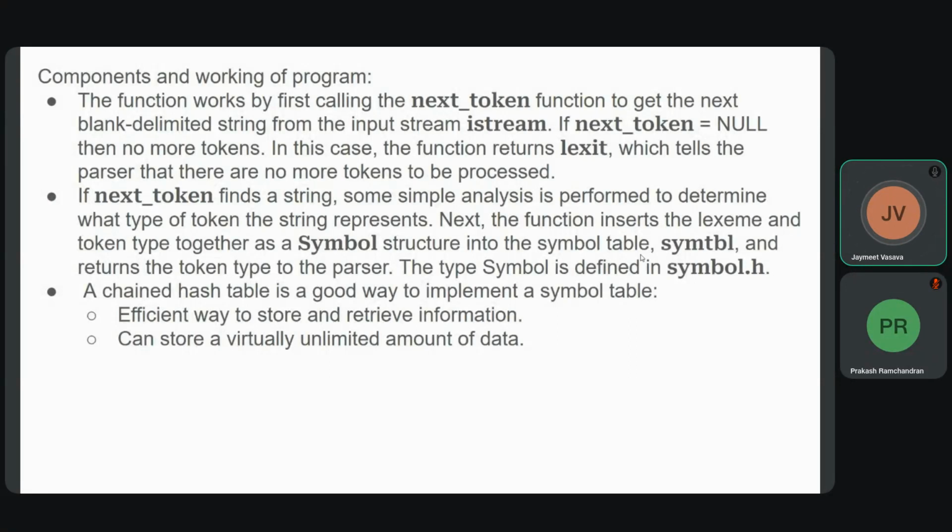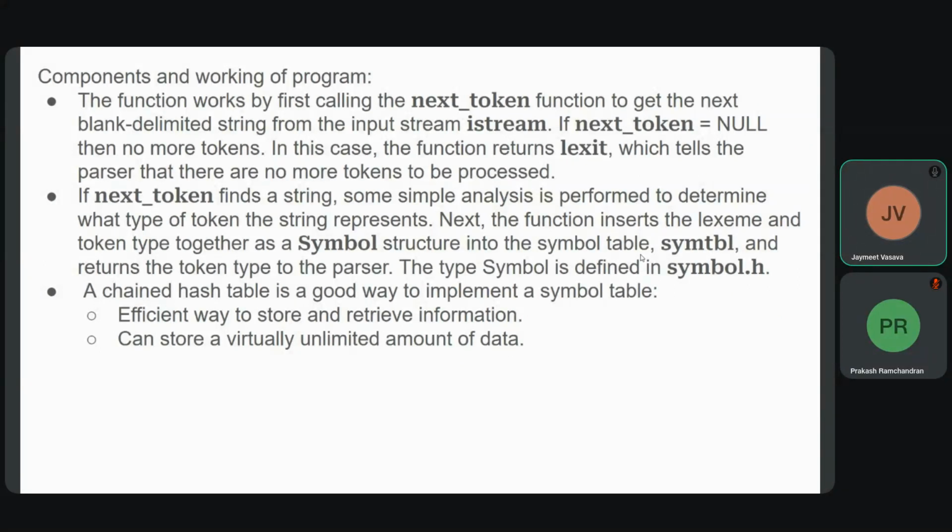The stream is just an input stream from the source code, and next token is a token that will be generated. If the next token is equal to null, there are no more tokens to be generated, and the function uses lexit to tell the parser that there are no more tokens to be processed.